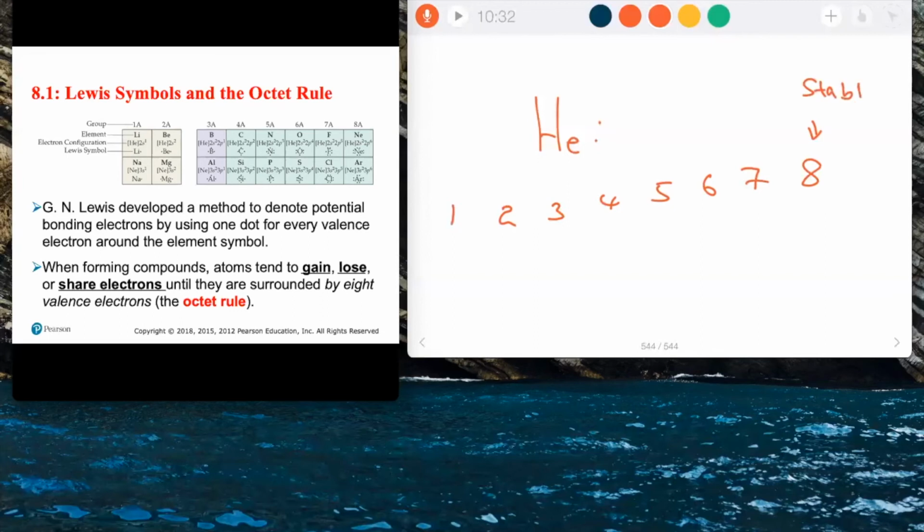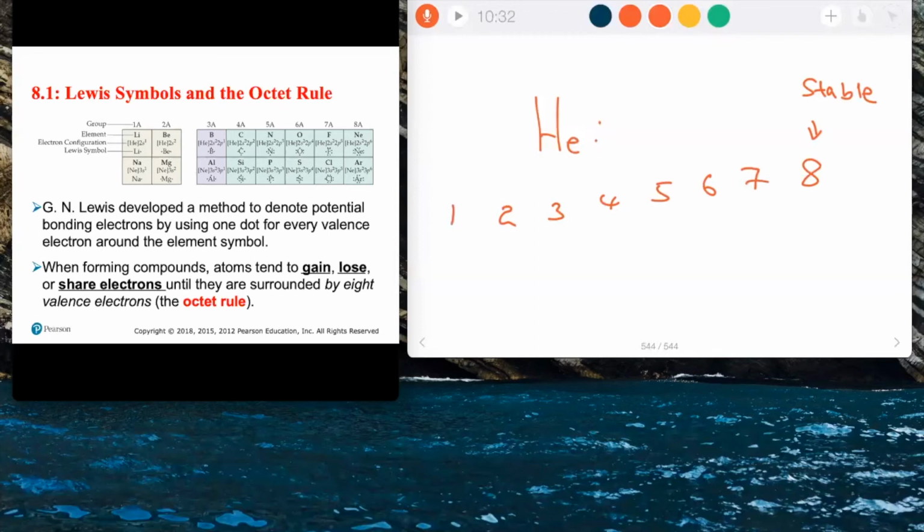Everybody wants to be financially stable. So elements as well want to be electronically stable. That means once they attain 8 electrons in the outermost shell, we say that the octet rule has been obeyed and the atom at that point is stable.